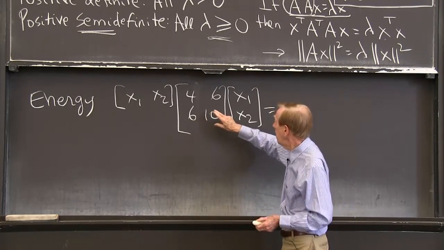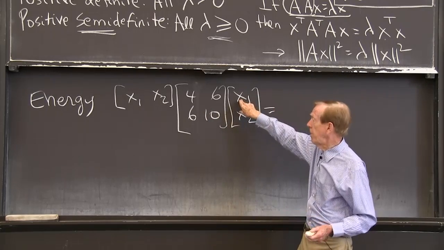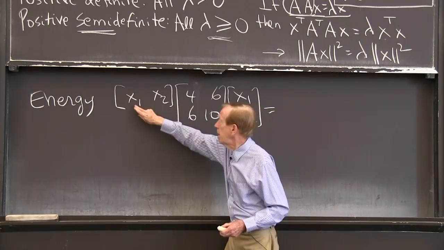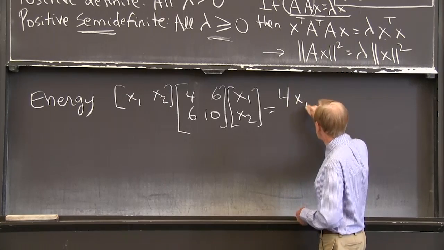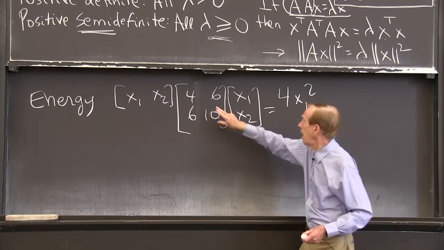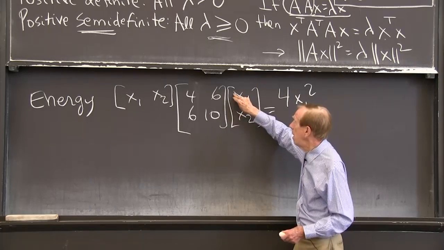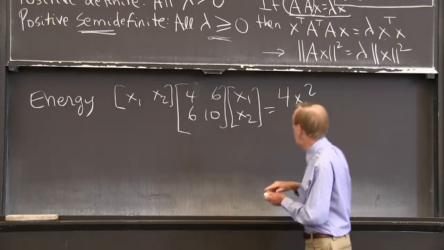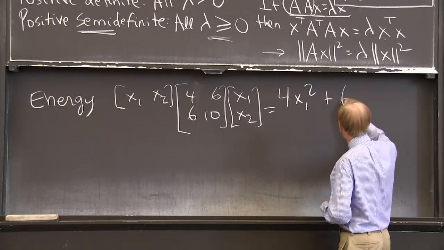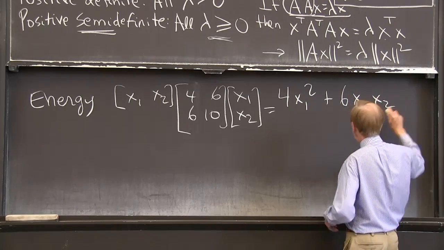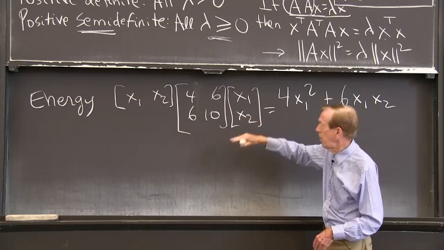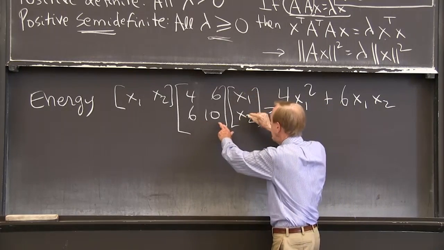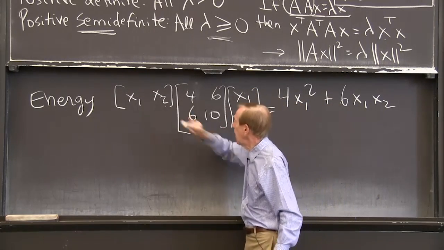When I do that, a 4x1 is going to appear, and it'll be multiplied by that x1 over there. I'll get a 4x1 squared. And then I'll have a 6x2 that's multiplying that x1. So there's a 6x1, x2. And now from this, that was the first component, and now I have 6x1 and 10x2 multiplying x2.